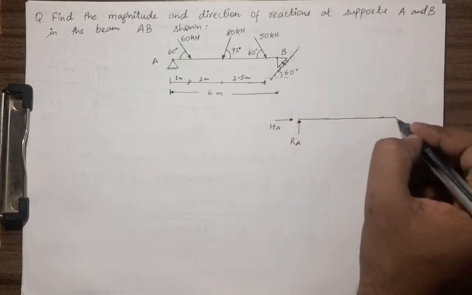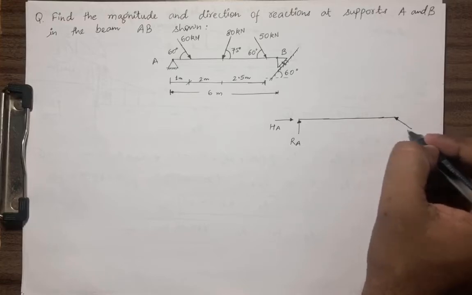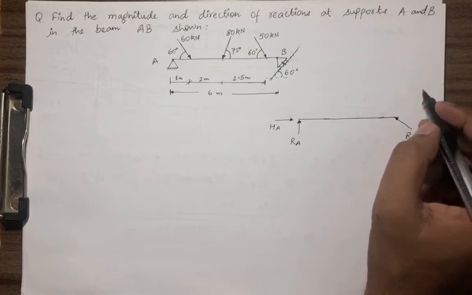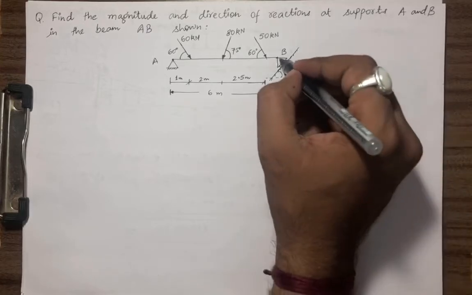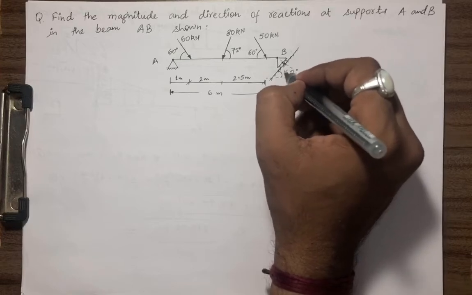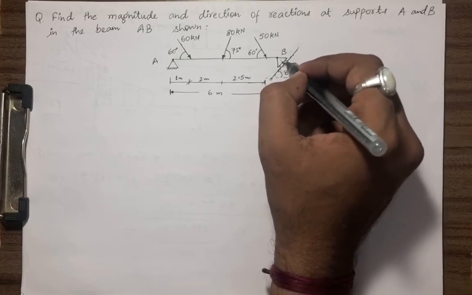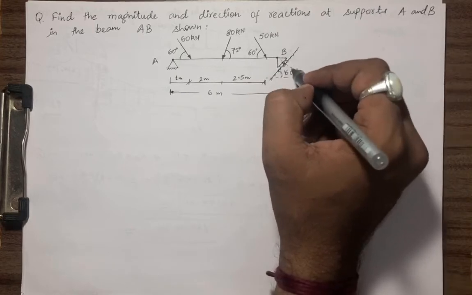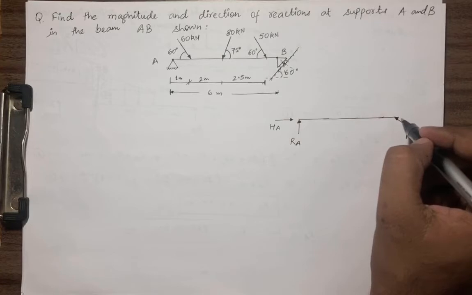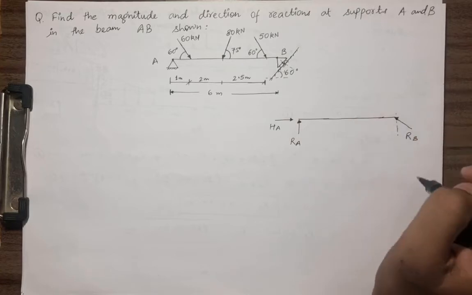So it is something like this. So this is 60, and this will be 30. How much will it be? It will be 60 only, so this will be 30.